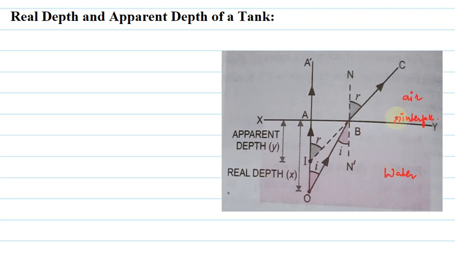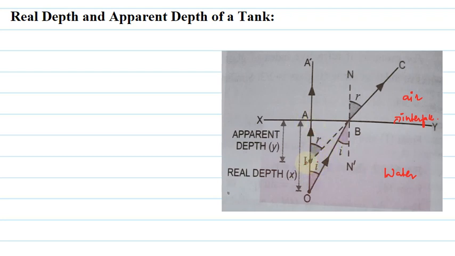So when light travels from denser to rarer medium, the light ray deviates away from the normal. It is refracted at angle r along BC. On producing back, BC meets at I on OA.